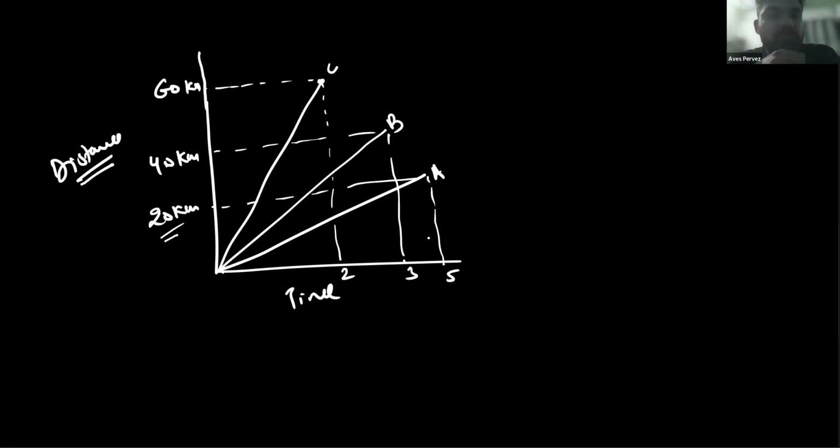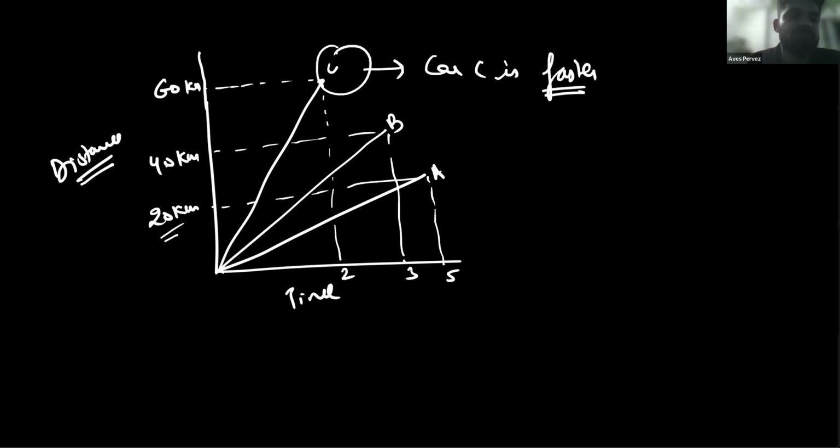Yes, it is faster because it's traveling more distance in shorter time. So car C is the fastest. Got it? Understood?